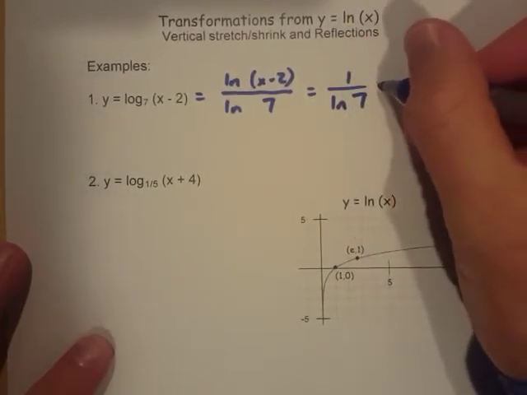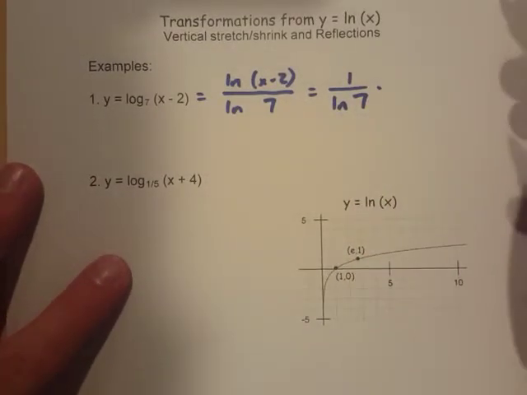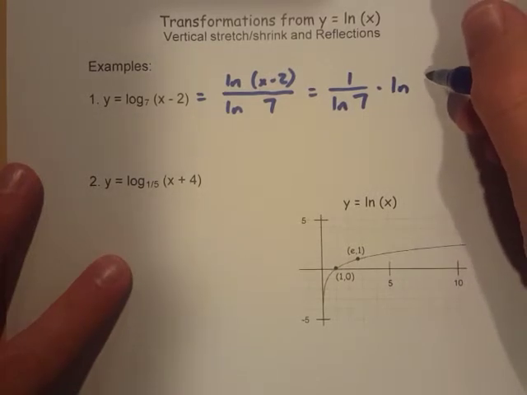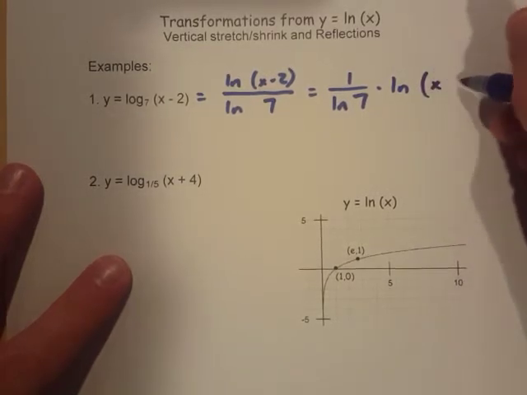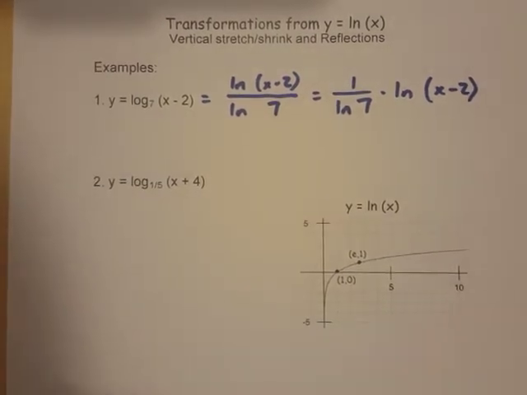I'm just pulling that out to the front because that way it's just like multiplying the whole function, and then we can get some vertical stretch or shrink depending on what that number is worth. And then we leave this stuff out here. Now we have this in a form that can more easily be looked at with transformations.